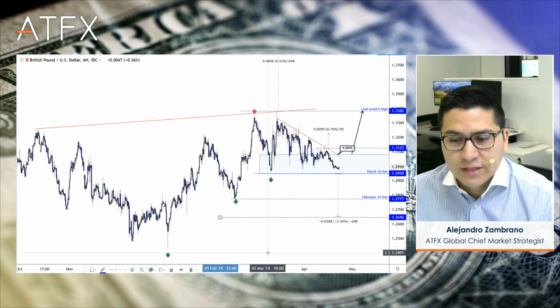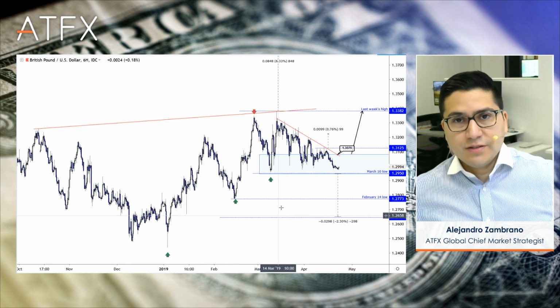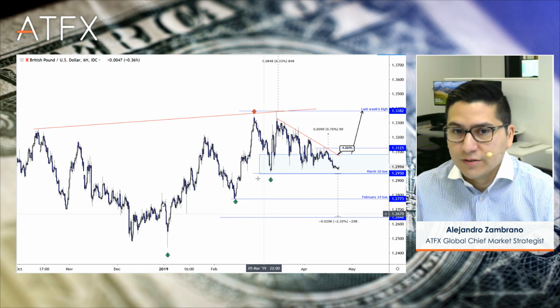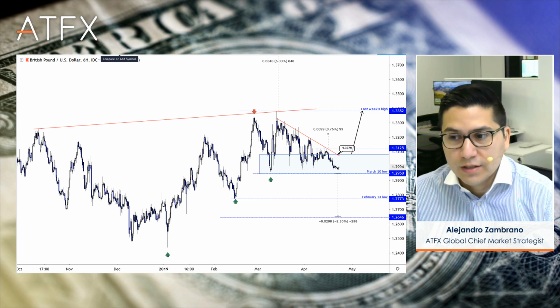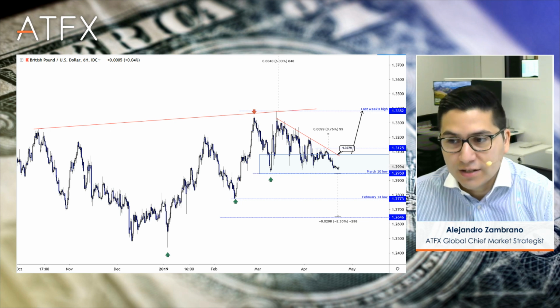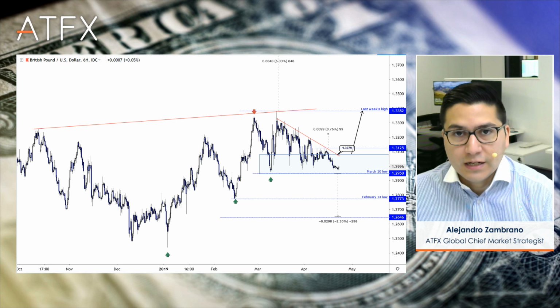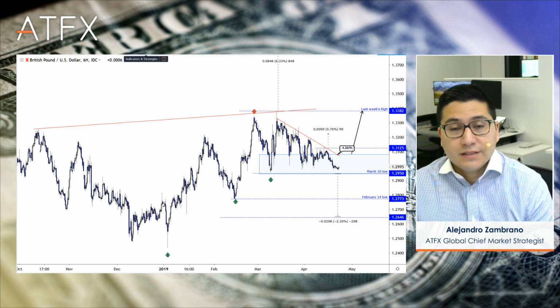Now I'm not going to show you here, but check out New Zealand dollar versus the USD. We did look at that in a video that we did on our YouTube channel, and on that YouTube channel we mentioned that a break to some of the lows would probably lead to lower prices, and we're clearly seeing this in the New Zealand dollar versus the USD. So it's looking like New Zealand dollar is already bearish.